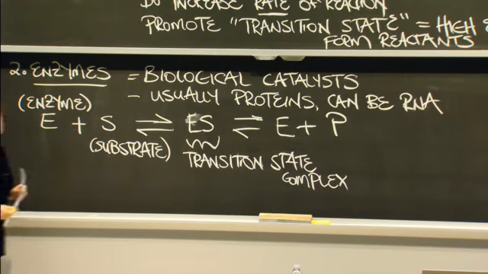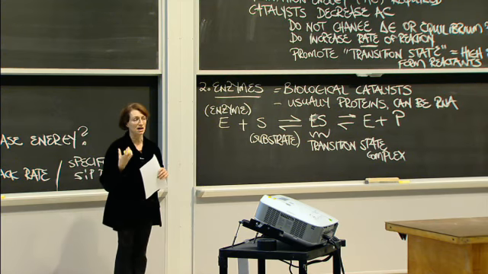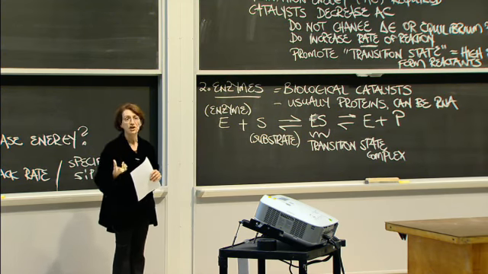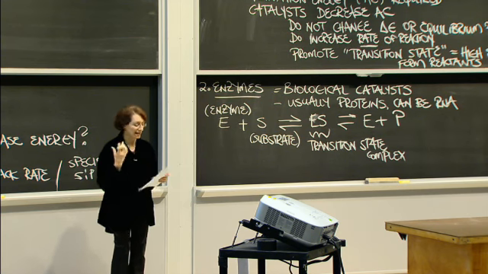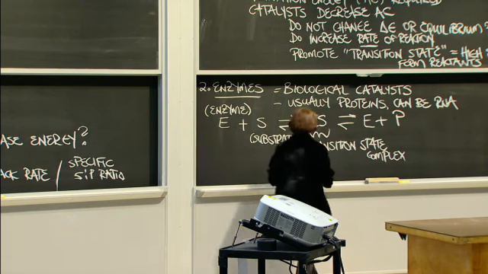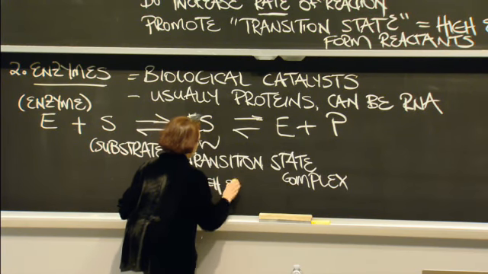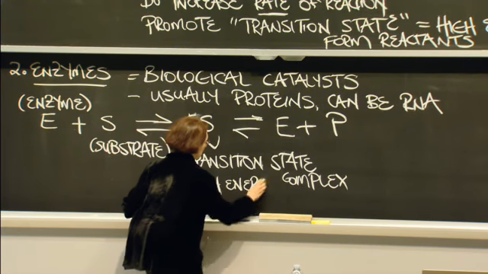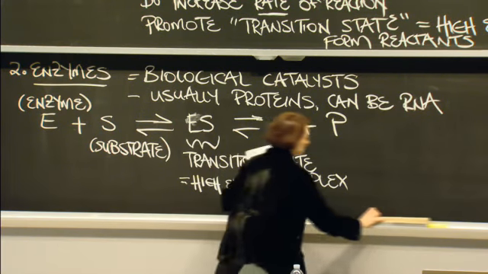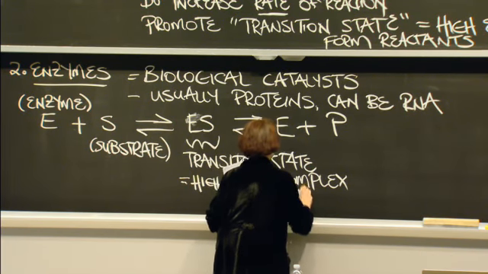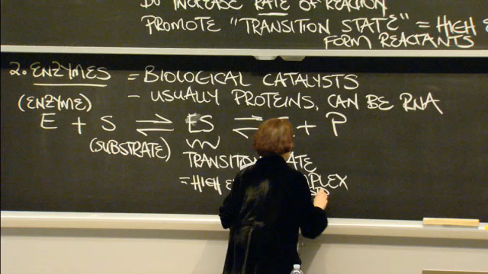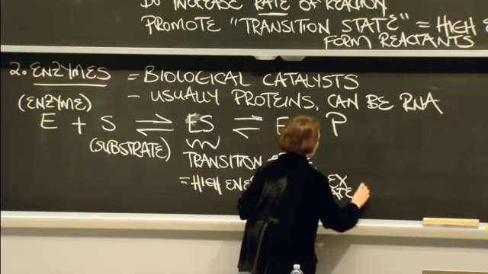And what it is, in biological terms, is some kind of high energy state of the substrate that is linked to the enzyme. So it's a high energy substrate linked to the enzyme.